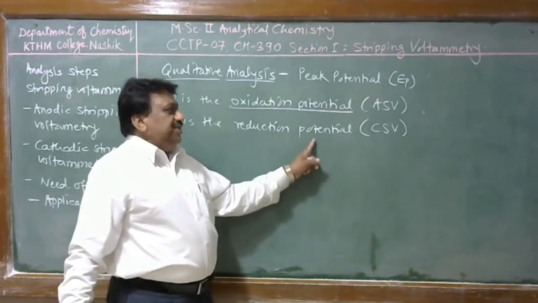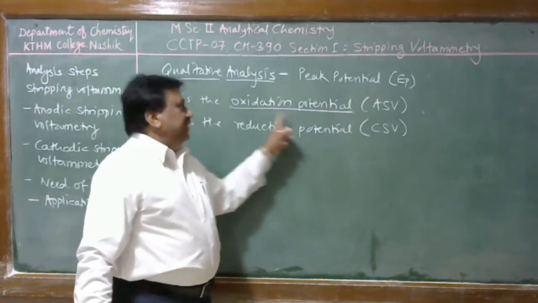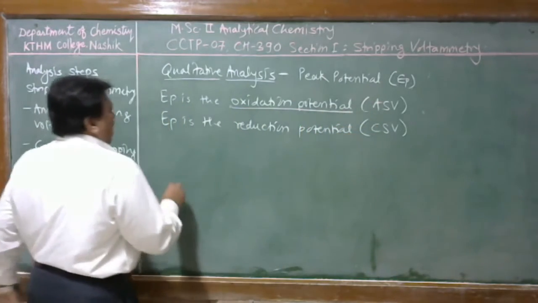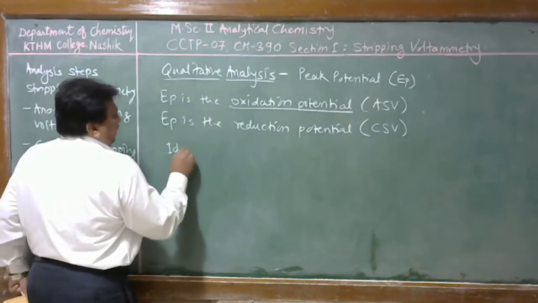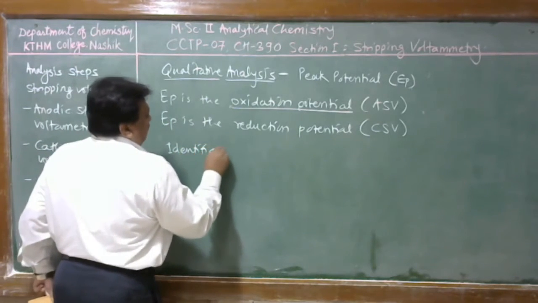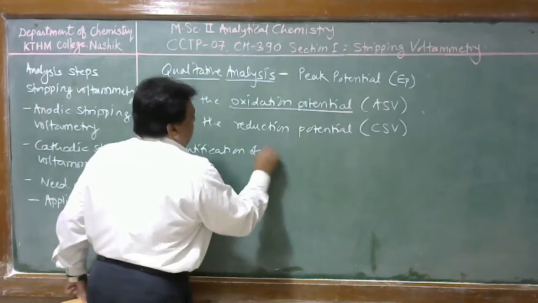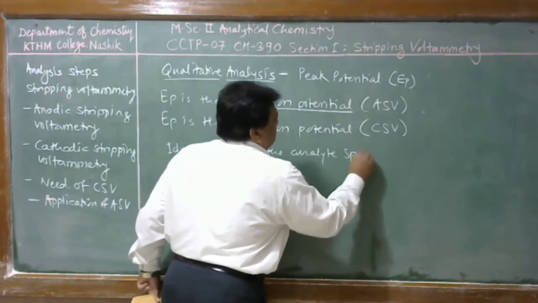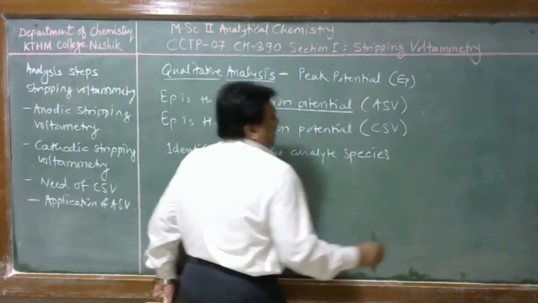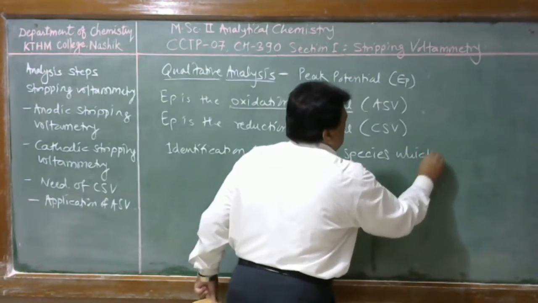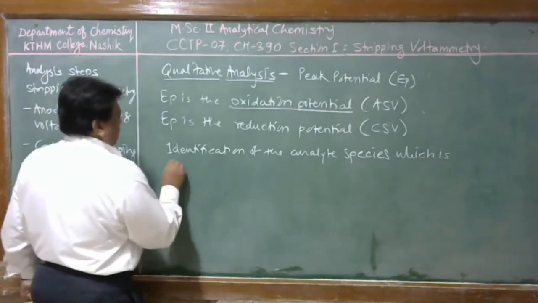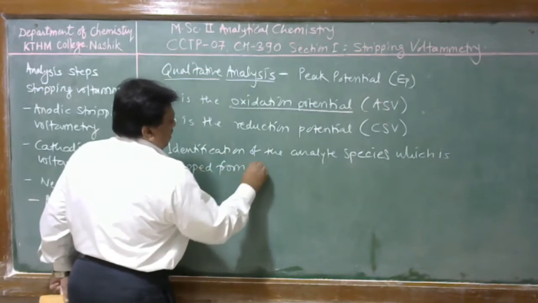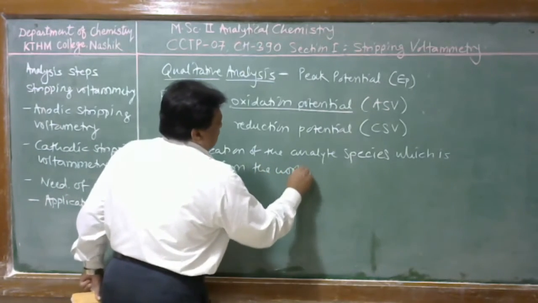Therefore, reduction potential in cathodic stripping voltammetry and oxidation potential in anodic stripping voltammetry are useful for identification of the analyte species which is stripped from the working electrode.